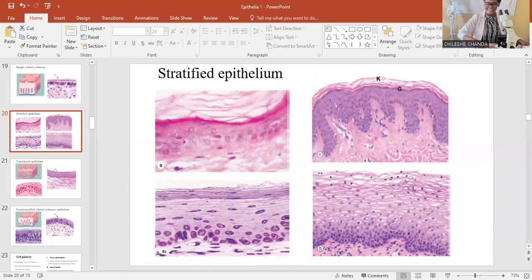Now, we have looked at the classification of epithelium according to cell shapes.